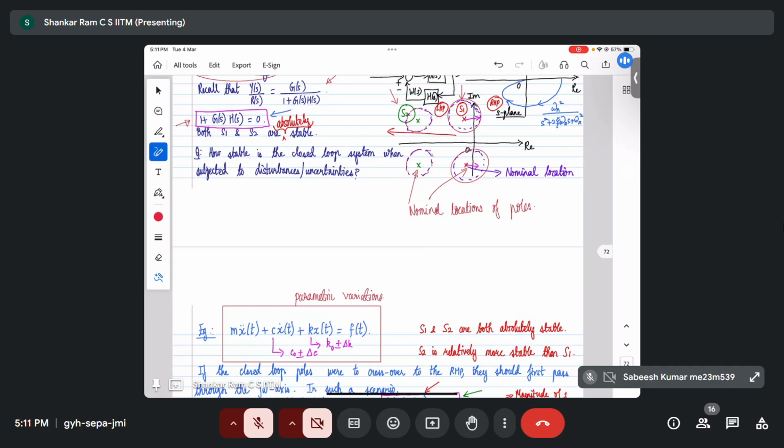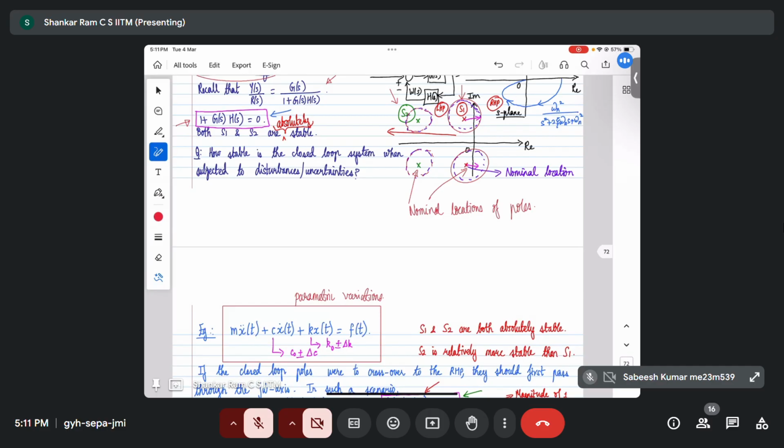So the point is the following. Although S1 and S2 are both stable, with both poles in the left of the complex plane, S1 has more dominant poles than S2.